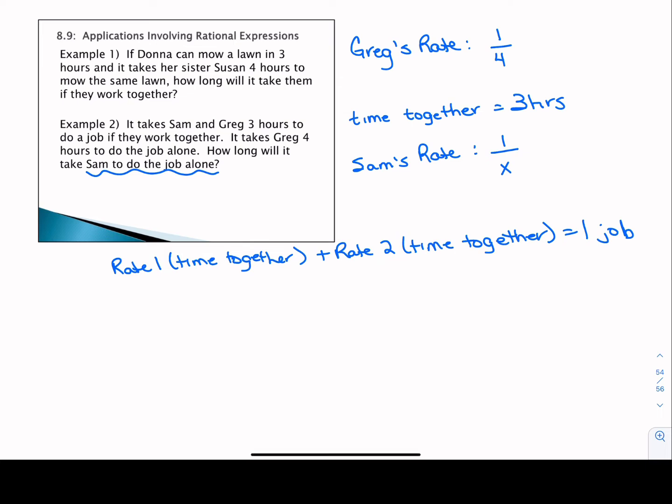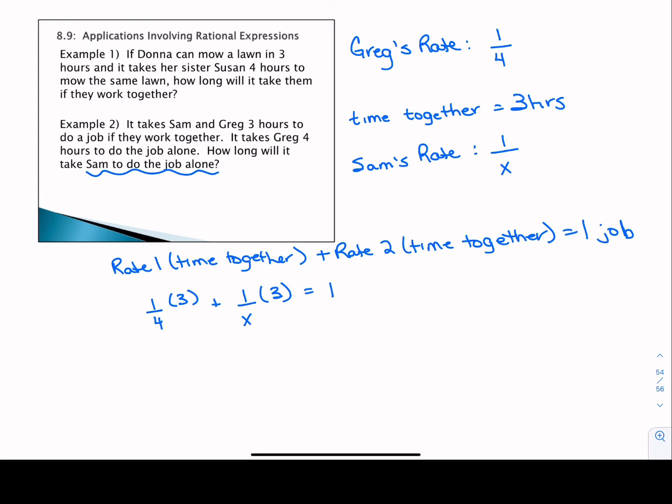So if we talk about Greg's rate as rate number 1, we've got 1/4, but this time we know it takes them 3 hours working together. So instead of time together, we're going to replace that with what we know to be 3 hours. Plus we now have Sam's rate, which is 1/x. If we multiply that by the time together, which again we know is 3 hours, we should have a sum of one complete job.